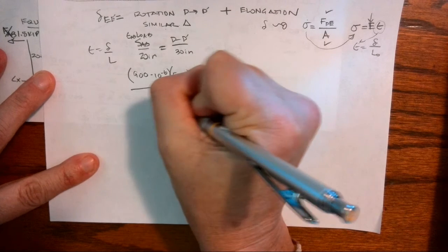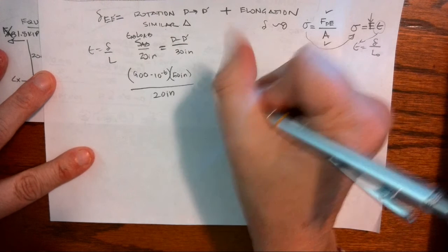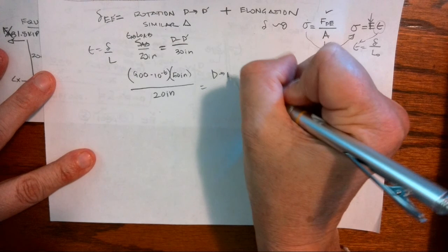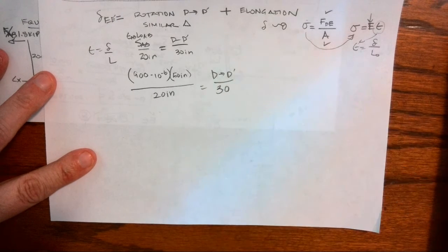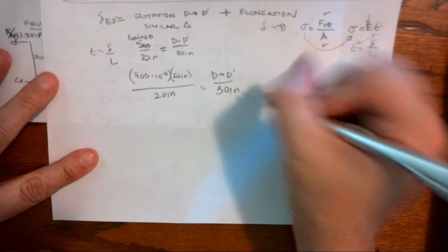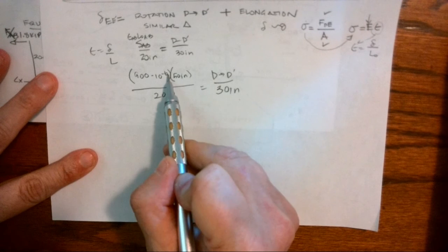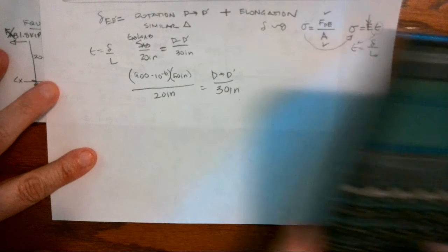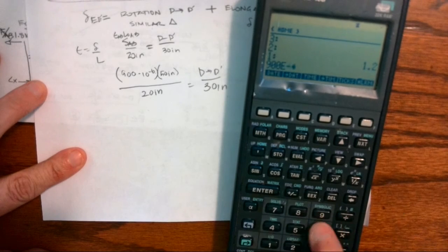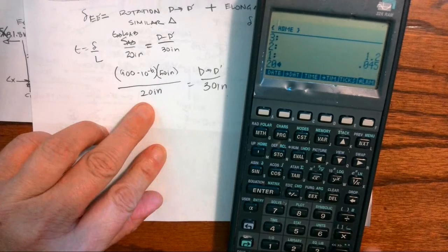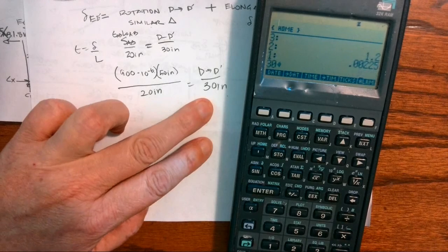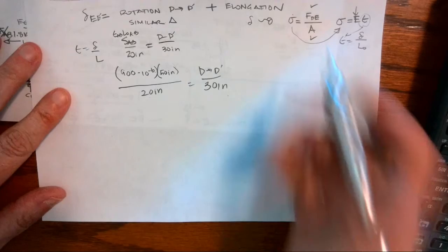This is where the similar triangles comes in, as D to D prime is to 30 inches. So I can cross multiply, divide by 20. So I have 900 times 50 divided by 20 times 30.